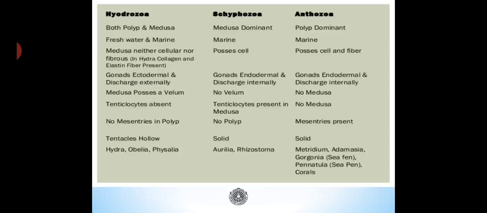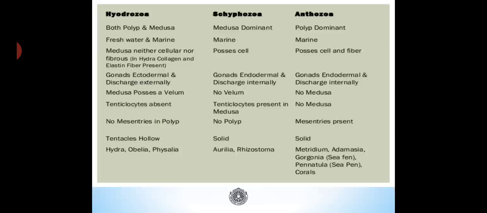Coming to the comparative account of the three different classes: Hydrozoa, Scyphozoa, Anthozoa. If you go through this comparison, you will definitely come across some differences. Let me go through some of them. In Hydrozoa, both polyp and medusa are present, in Scyphozoa medusa is dominant, and in Anthozoa polyp is dominant.